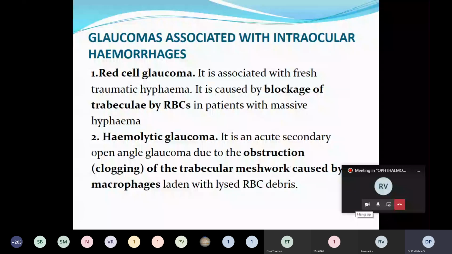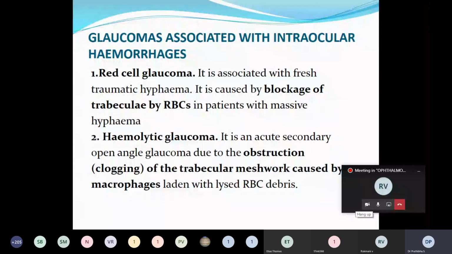It is an acute secondary open angle glaucoma due to obstruction of the trabecular meshwork, which is caused by macrophages. Whenever there is a foreign body, that is, red cells in the anterior chamber are a foreign body, they are engulfed by macrophages, and these macrophages go and block the trabecular meshwork. So this is called hemolytic glaucoma.